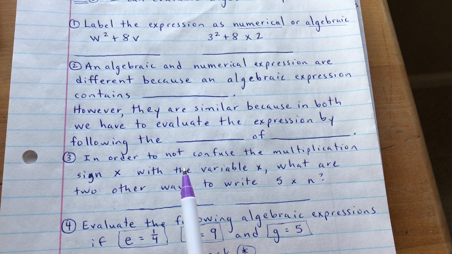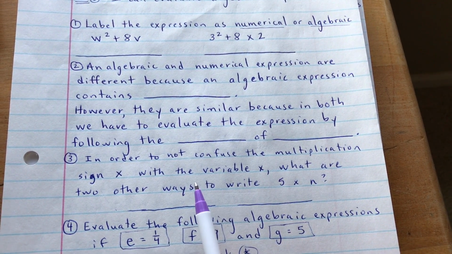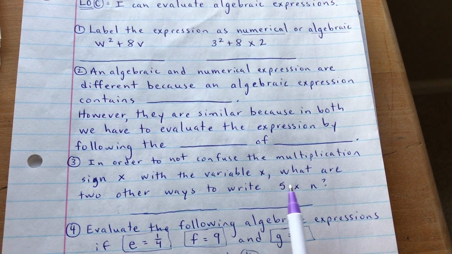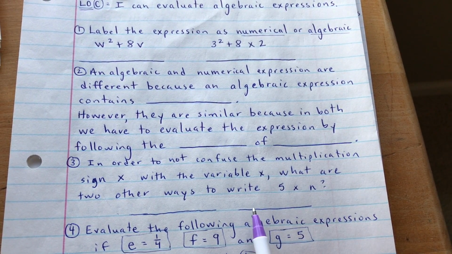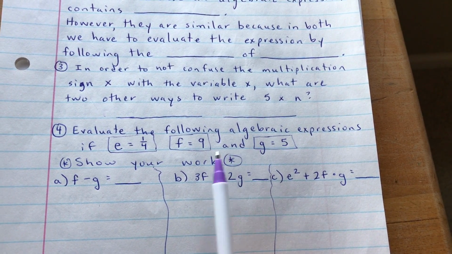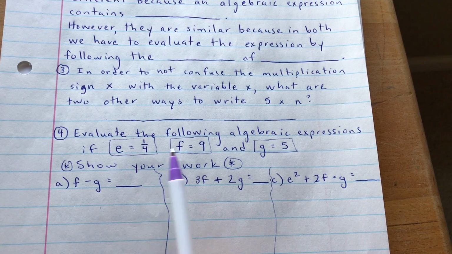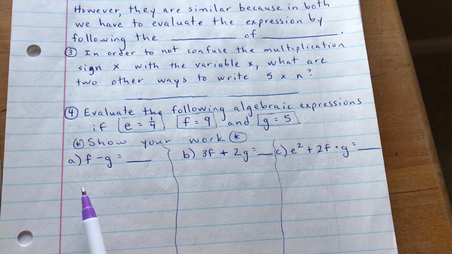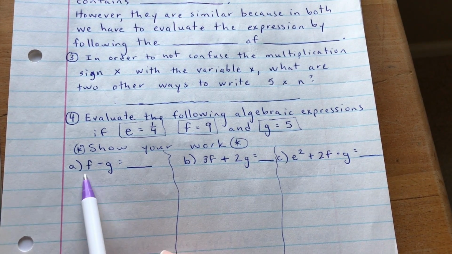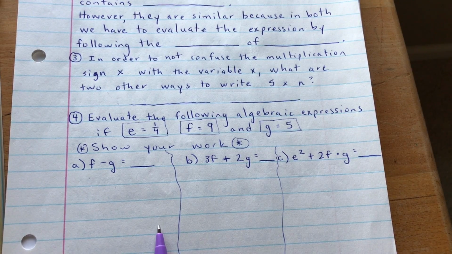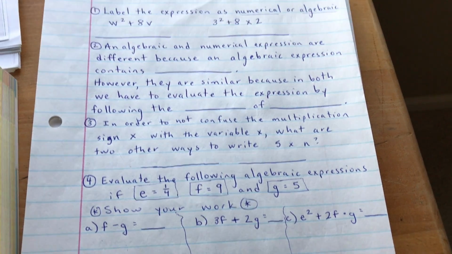In number 3, in order to not confuse the multiplication sign x with the variable x, what are 2 other ways to write 5 times n? Evaluate the following algebraic expressions. So E equals 1/4, F equals 9, and G equals 5. Show your work. So actually show what F is and what G is before you give the answer. All right, you can do it.